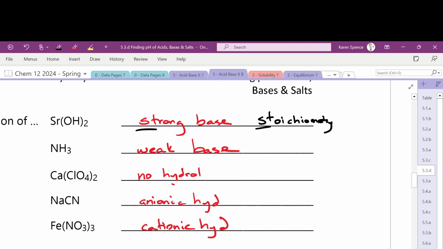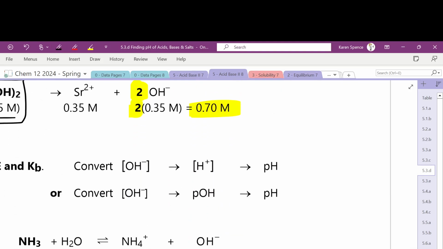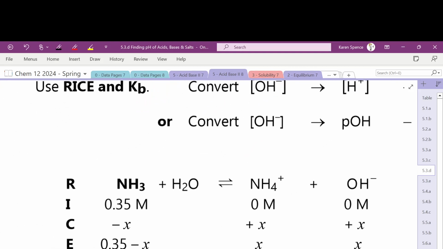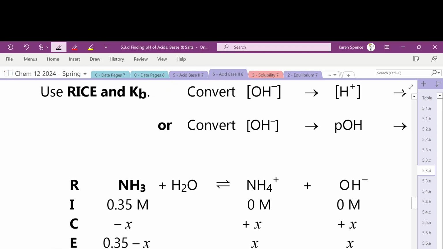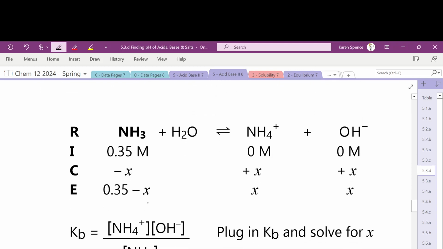We have a weak base. What will we use to find pH? RICE and Kb. Okay, so here's ammonia. We got Kb. I have X's though, and I also have a Kb value, and my table does not give me Kb.